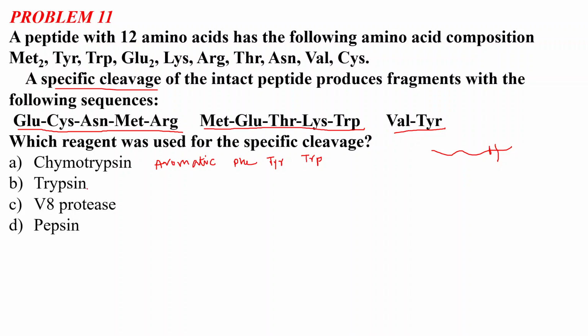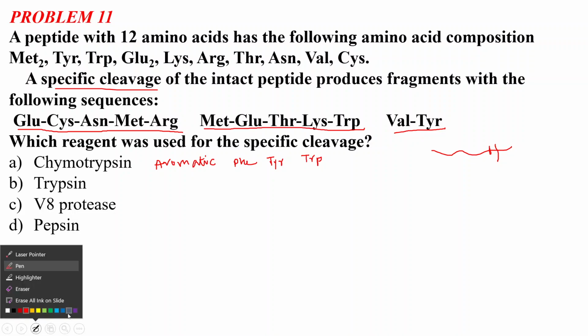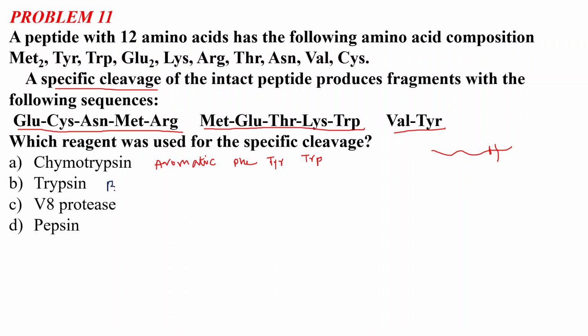Now, what does trypsin do? Trypsin cleaves at basic amino acids. There are 3 basic amino acids, histidine, arginine, and lysine, but it only cleaves the peptide chain at lysine and arginine, not histidine, because the basicity of histidine is very low compared to these.